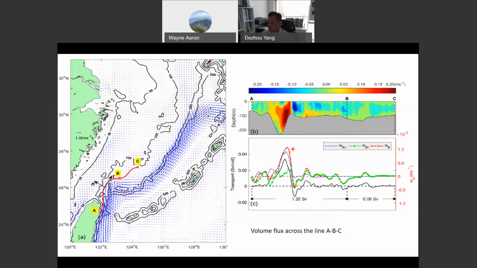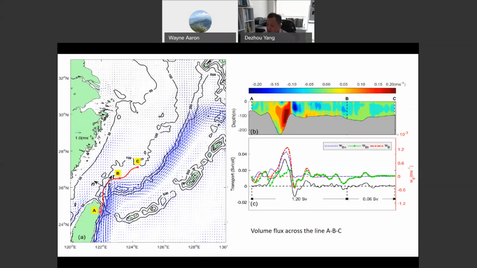Another very important role of the topographic beta is that it will introduce onshore transport of the water and the nutrients, for example phosphate.